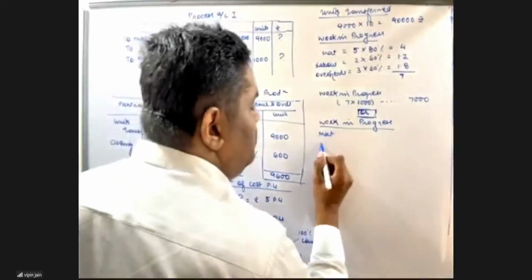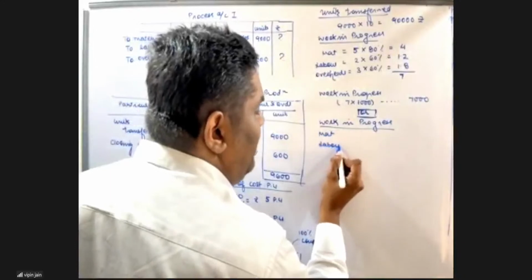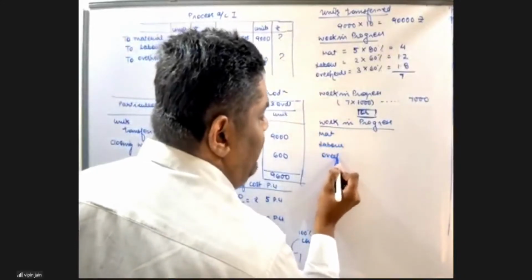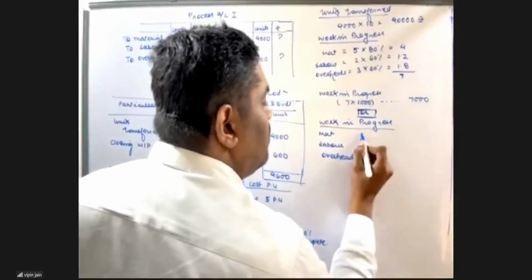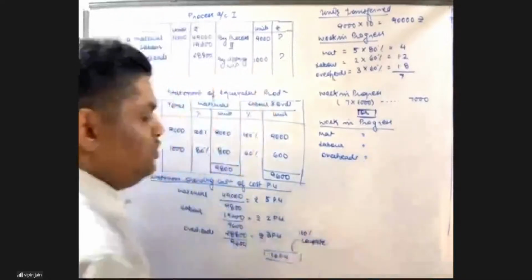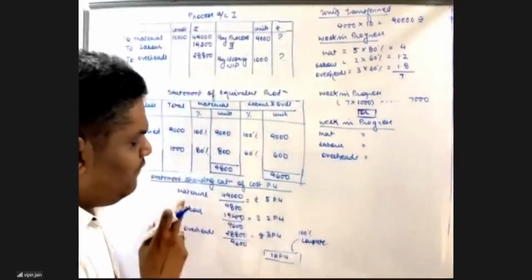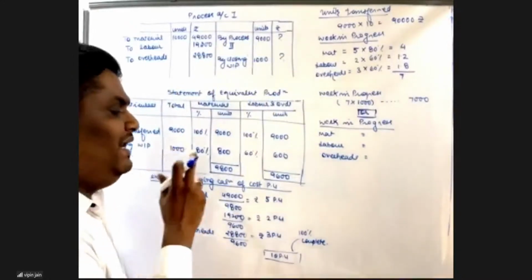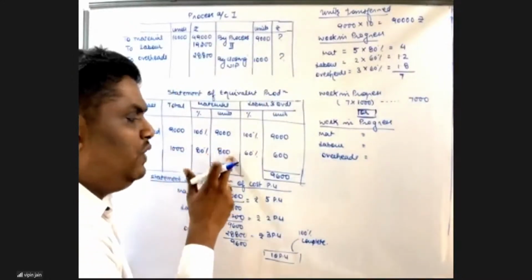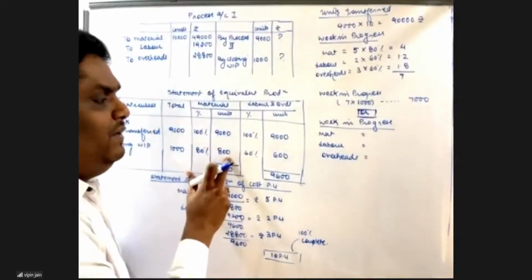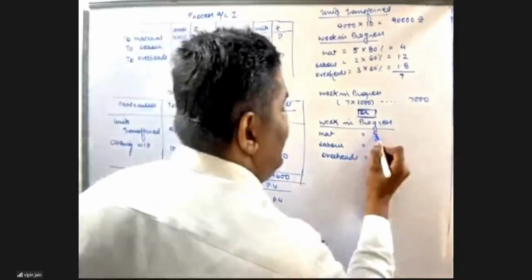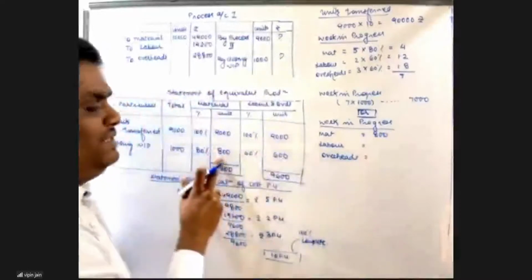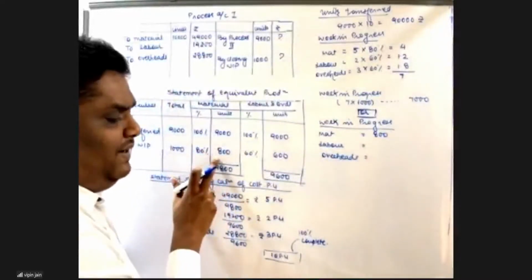Three costs are involved: material, labor, and overheads. So we will directly take the equivalent number of units, 800. These are 100% completed units.